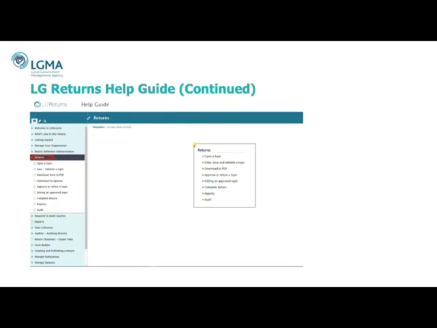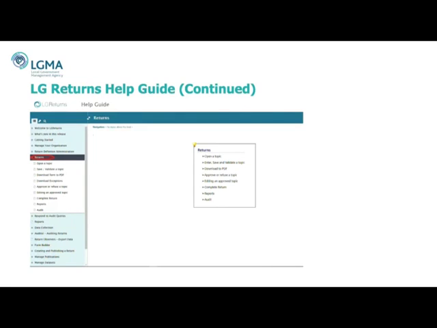One useful element of the LGReturns help guide is its directions or guidelines under the Returns tab, highlighted in red there. In this tab, it provides information on how to open a topic, enter, save, and validate a topic, download to PDF, approve or refuse a topic, edit an approved topic if you have to edit it after it is returned, complete the return process, and generate reports or audits based on the data entered on the LGReturns system.